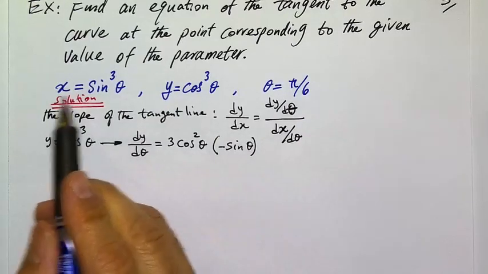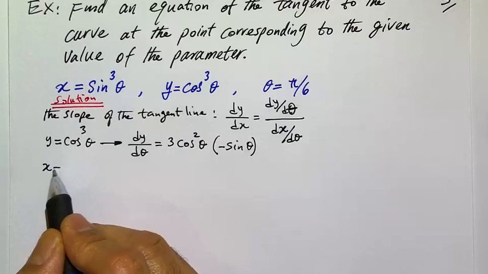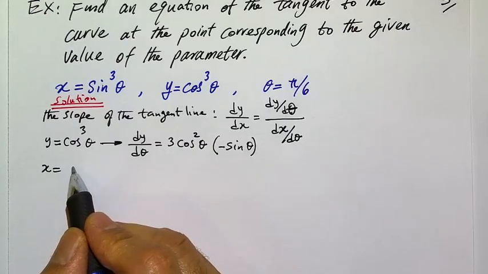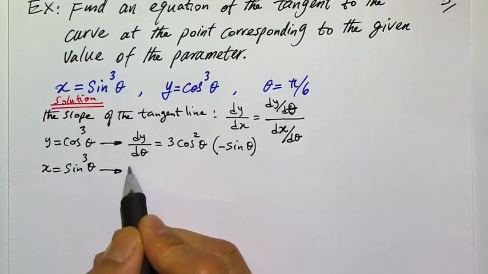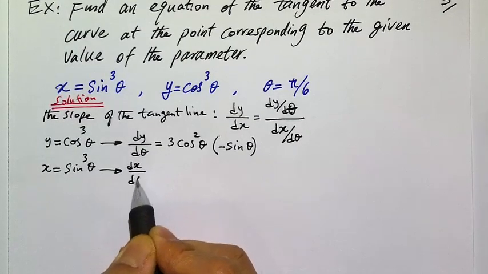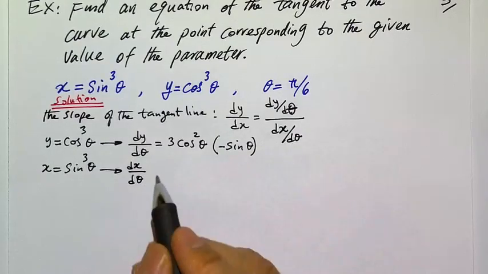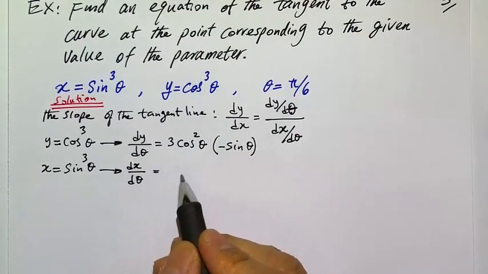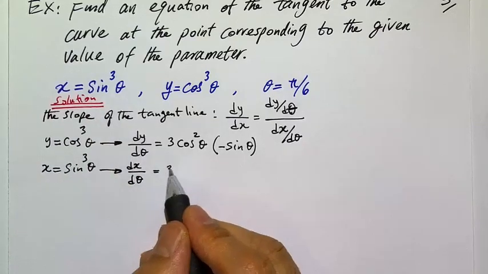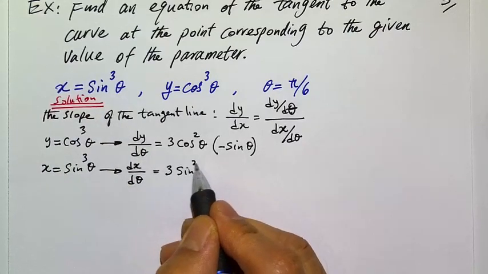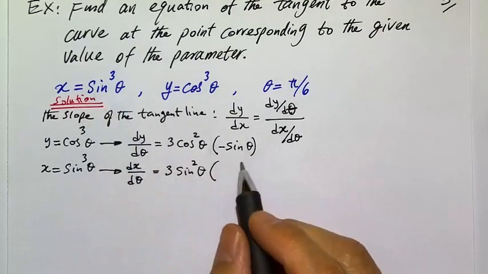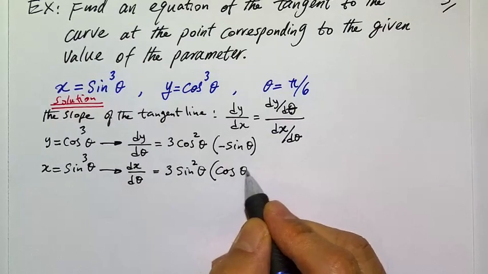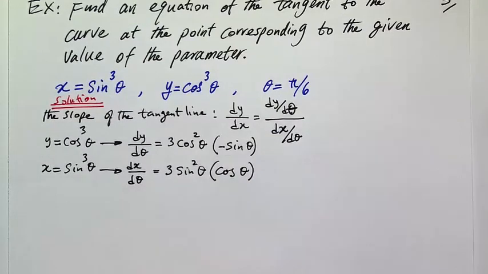For the expression for x, which is given as sine cubed theta, then dx/d theta, or the denominator of this expression, is 3 times sine squared theta times, by the chain rule, the derivative of sine theta, which is cosine theta. You don't need the parentheses, you can just write cosine theta.